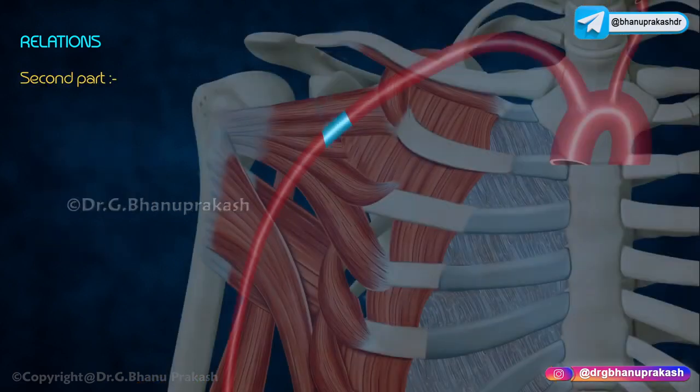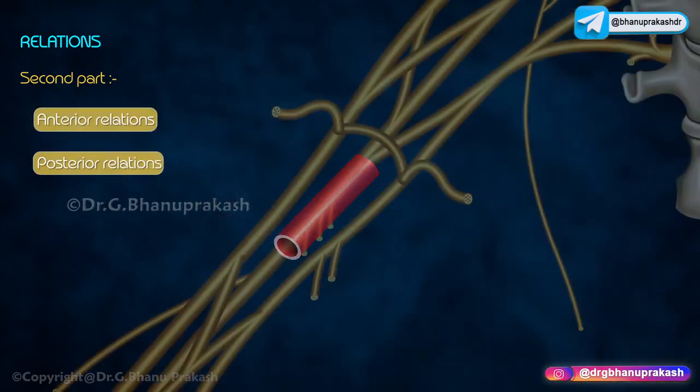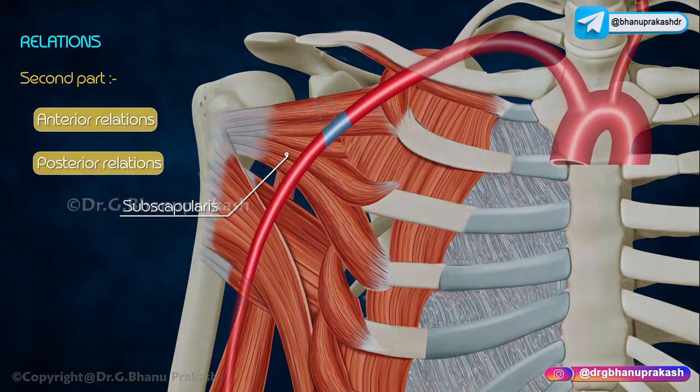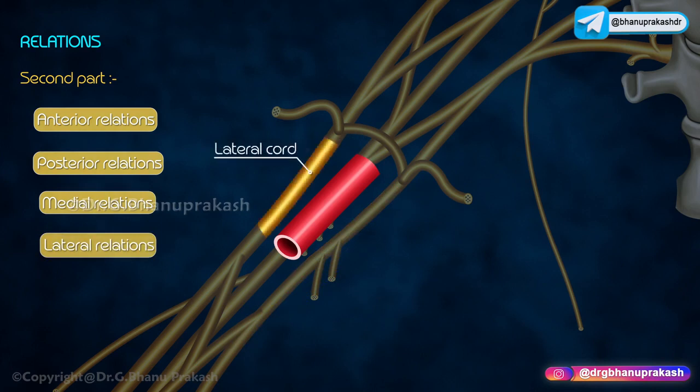Second part is related anteriorly to the pectoralis minor, posteriorly to the posterior cord of the brachial plexus and the subscapularis, medially to the medial cord of the brachial plexus and axillary vein, and laterally to the lateral cord of the brachial plexus.